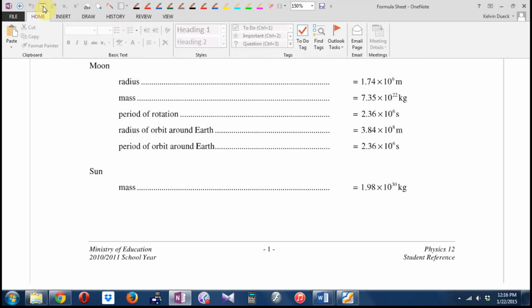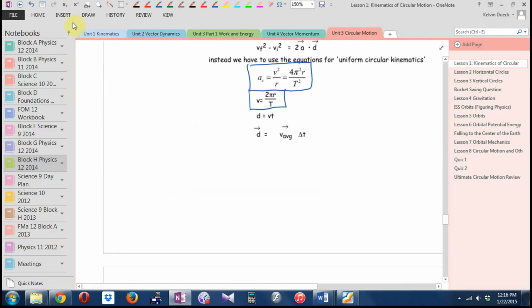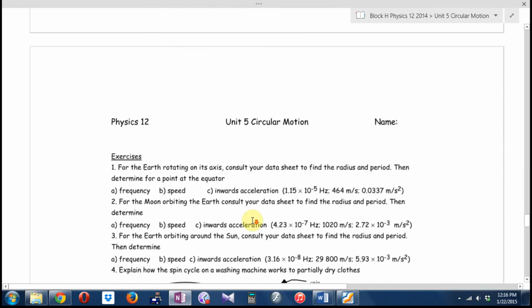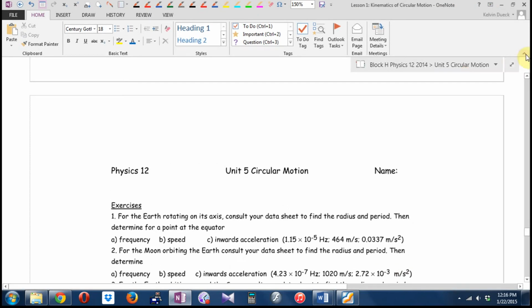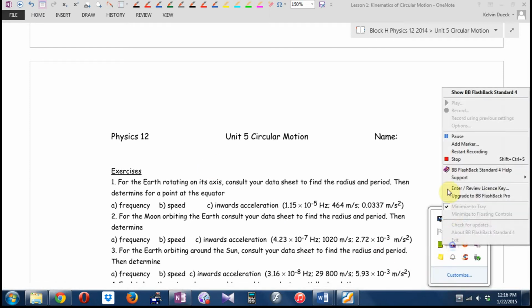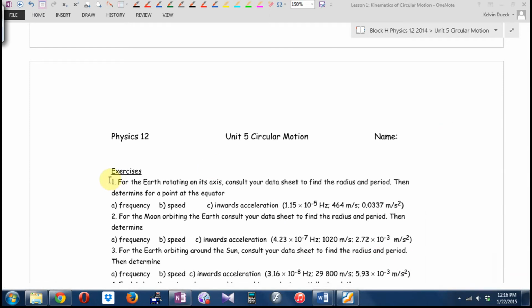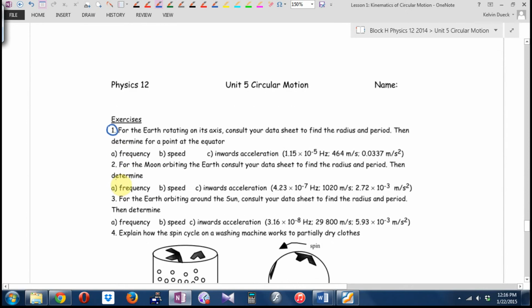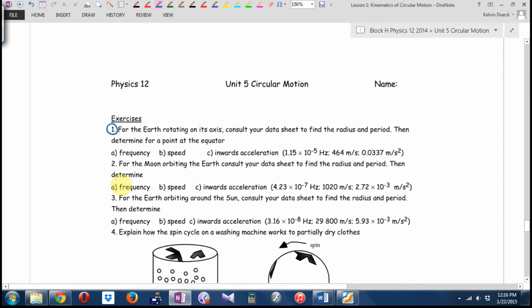Why is that so important? Well, homework. You can certainly do number 1. Number 1, find the frequency, 1 over the period.